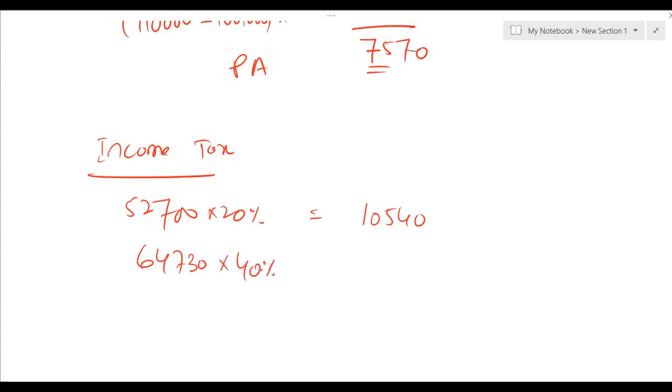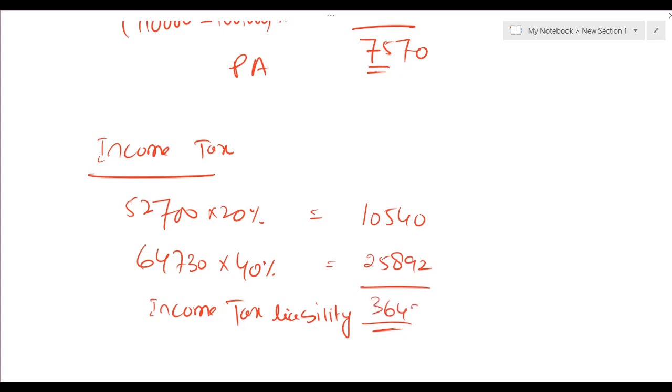So 64,730 falls in higher rate. So it is 25,829. So here comes the income tax liability. So income tax liability is 36,432.